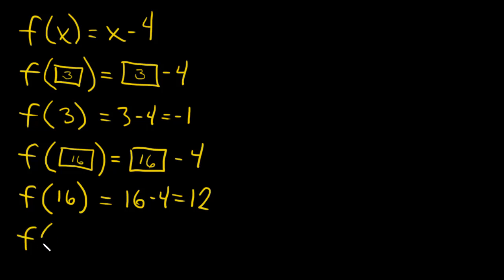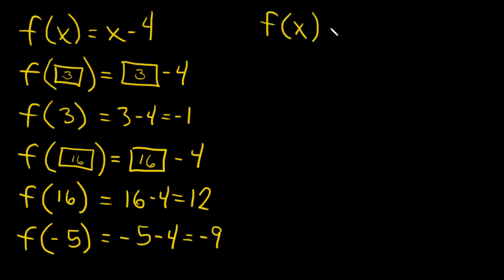Now, if f of x is x minus 4, let's not use the box. Let's go f of negative 5. So f of negative 5 would be negative 5 minus 4, which is negative 9. Okay, let's keep the same definition. f of x is equal to x minus 4.